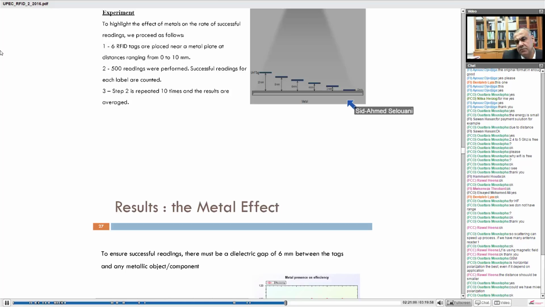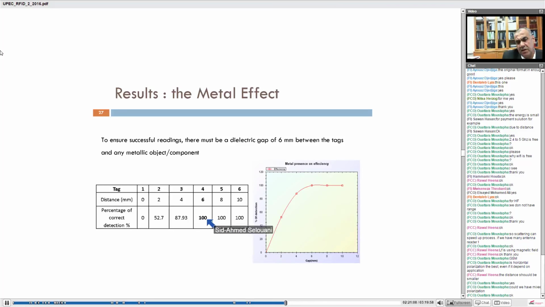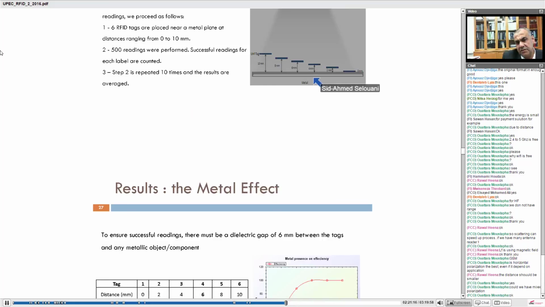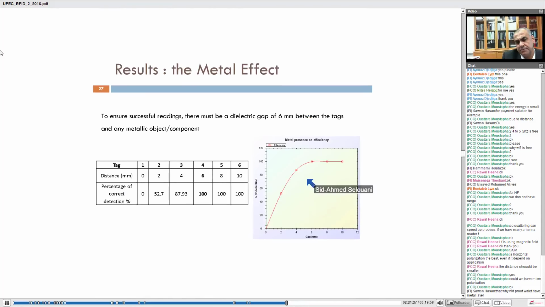When the distance is 0, in all cases we have no successful readings, because if you have metal and you have UHF or microwave RFID, it's not possible, because we have reflection, absorption, and so on. We cannot have the correct reading for this.